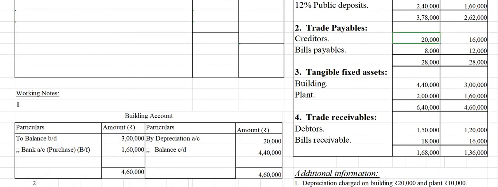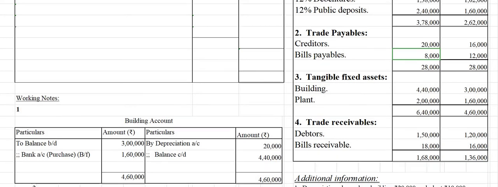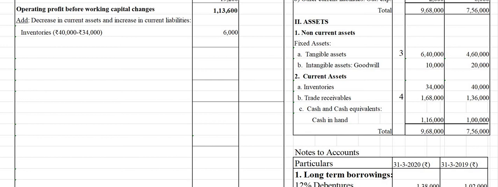So creditors, whether any increase is there, that we have to see. Last year 16,000, current year 20,000. Creditors is increasing. Bills payable last year 12,000, this year 8,000. Bills payable is decreasing, that we cannot take here because here we have to take only increase. So creditors 4,000 increase, that only we can take here.